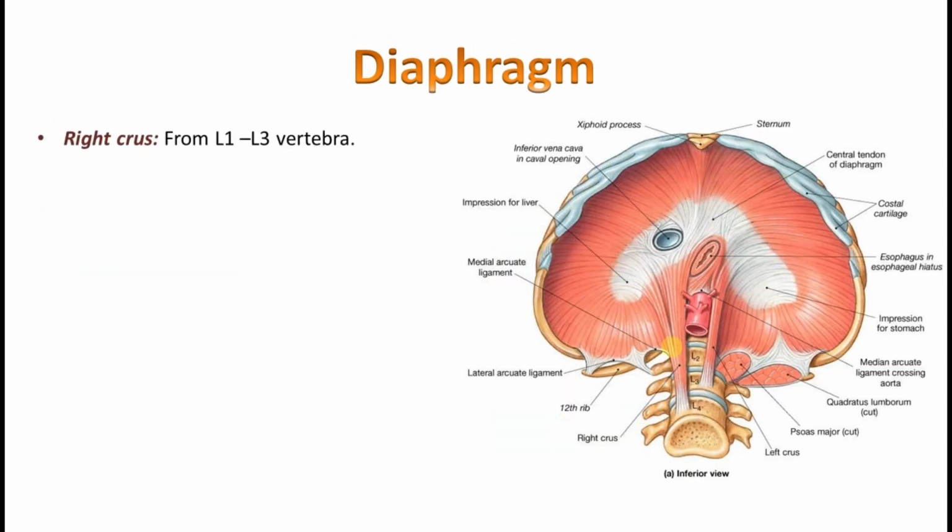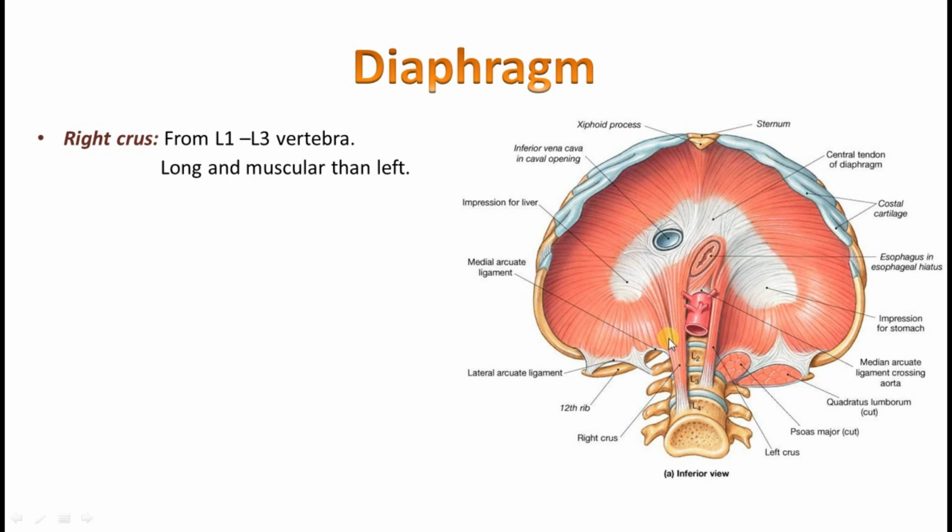The right crus arises from the bodies of L1, L2 and L3, three lumbar vertebrae, which means it arises at a lower level because the right crus has to displace on the right side a very large organ, the liver.